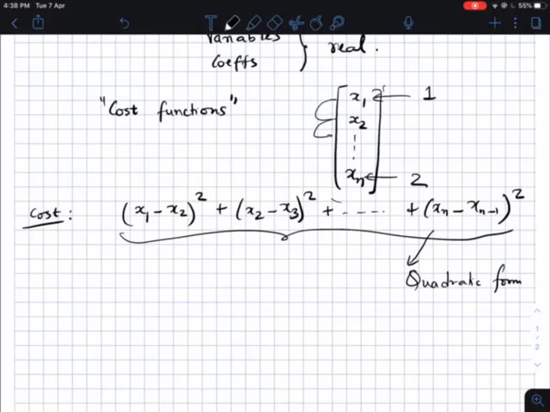We're interested in finding the variables x1 to xn that minimize the quadratic form under some constraints. For example, here the constraint is that x1 has to be 1 and xn has to be 2. So often we encounter problems that have to do with minimizing or maximizing quadratic forms under some constraints.